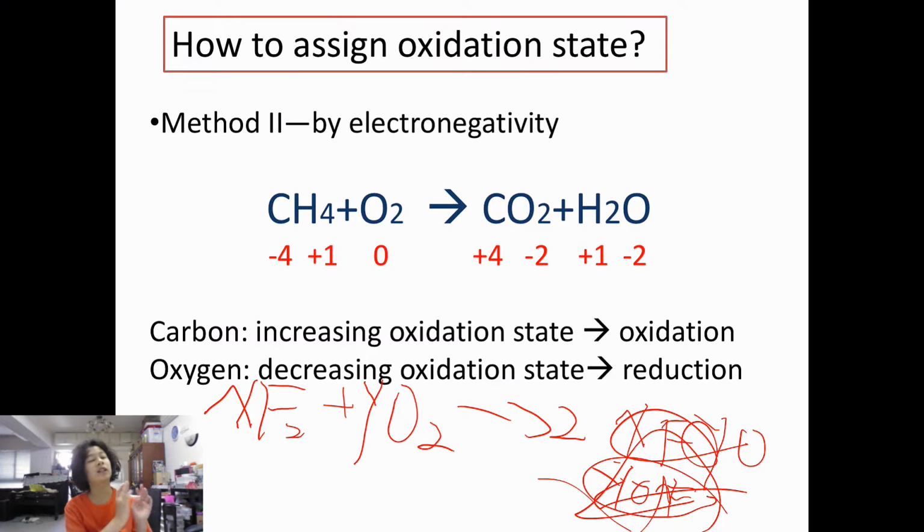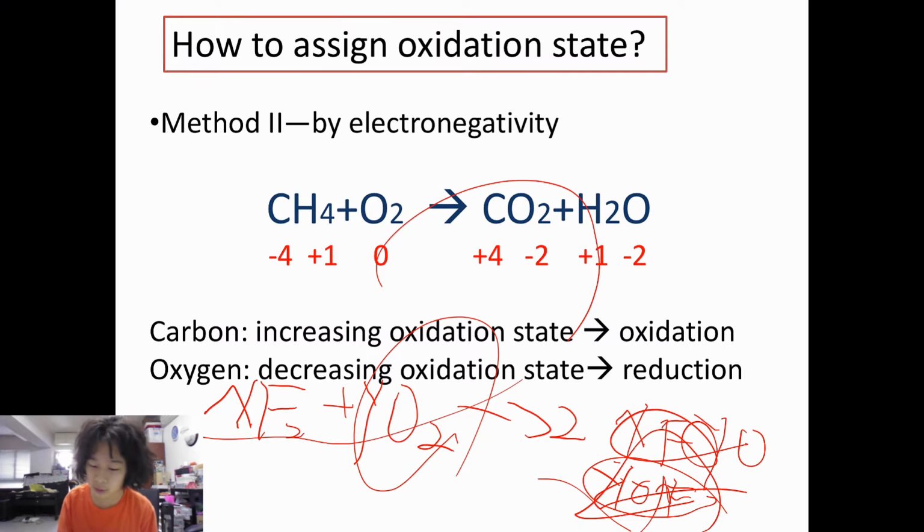But actually, when you look at the table, you can see that fluorine has greater electronegativity than oxygen, so it is actually taking electrons. So the fluorine is reduced and oxygen is oxidized. Fluorine is not oxidized, even though it's bound to oxygen.